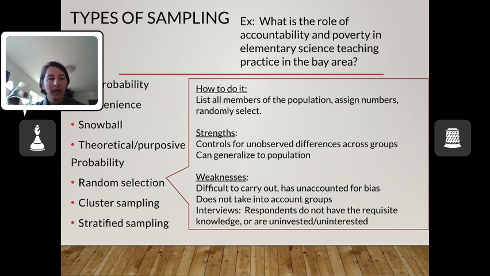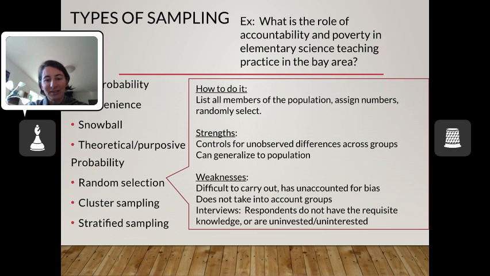So just in case, in the theoretical purposive sampling procedure, if I went to a school that was high accountability pressure and a school that was low accountability pressure, and I surveyed all the teachers, there could be unobserved traits, like maybe the leadership of one of the schools was exemplary. And so what I would find out would not be generalizable to all teachers across the Bay Area, because there was something going on in one of those schools that was not controlled for.